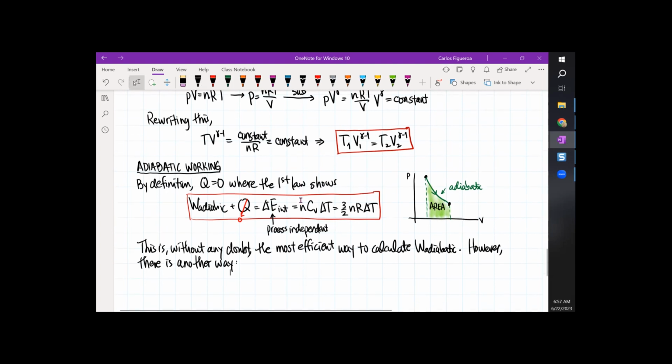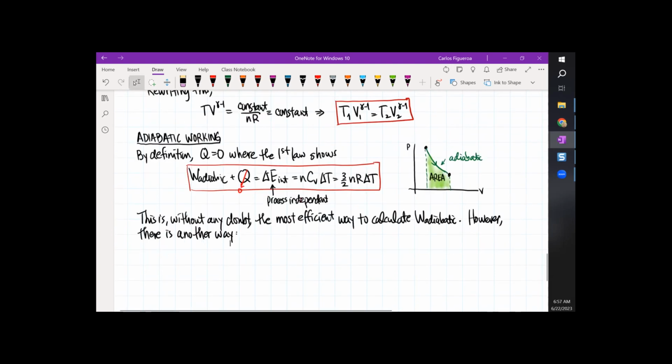I think this is less useful, but what you could do is take this adiabatic work, which has to be the negative of the integral from V1 to V2 of pressure. Then you have to replace pressure with this expression, so you're going to have to solve for that constant.